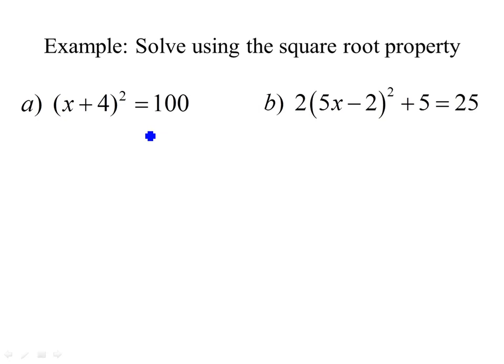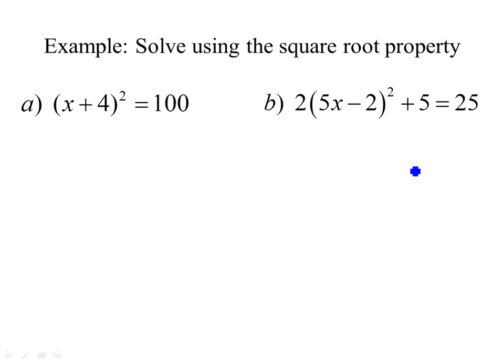Going to square root both sides. So we're going to have 5x minus 2 is equal to, now watch this. When I take the square root of 10, the big difference between this problem and the previous problem, look, is over here, when I took this square root, I can take the square root of 100 and get plus or minus 10.